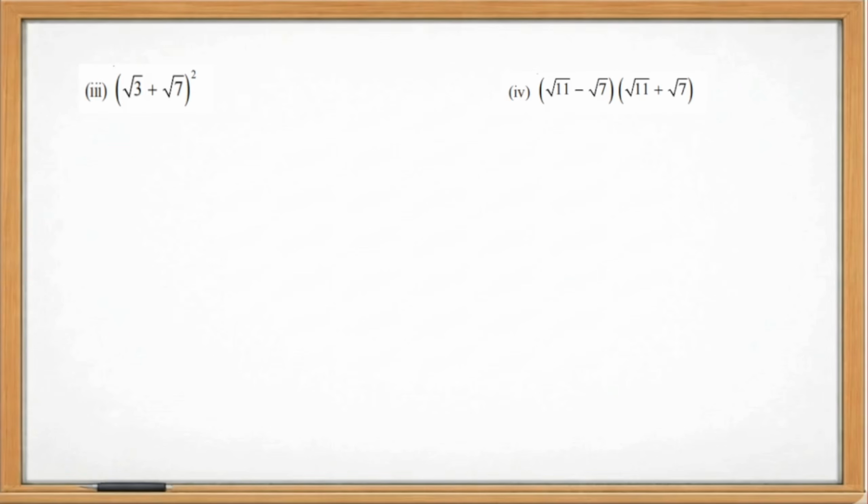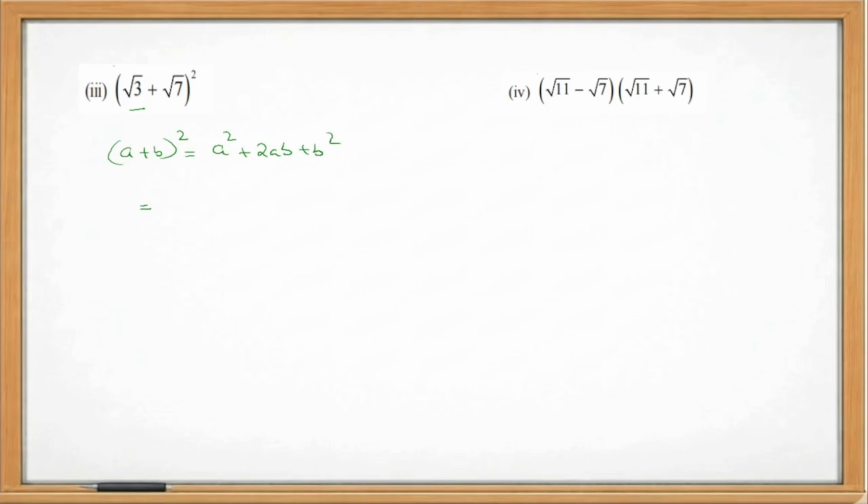Next question. (Root 3 + root 7) the whole square. We can write this using the identity (a + b) the whole square, which is equal to a square plus 2ab plus b square.